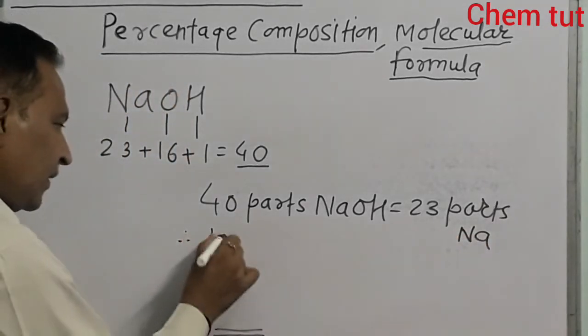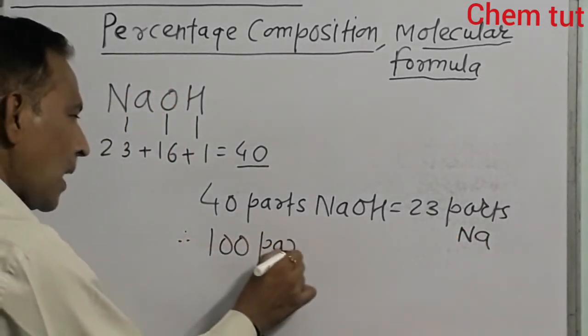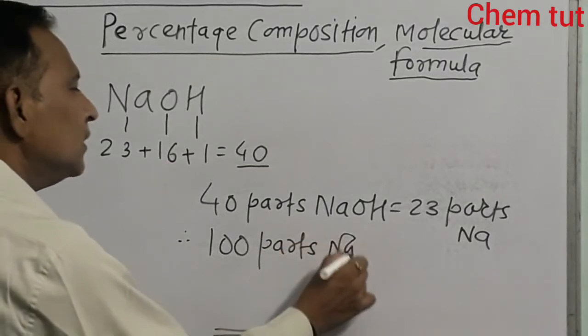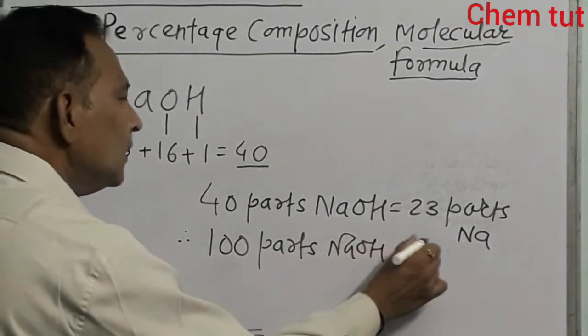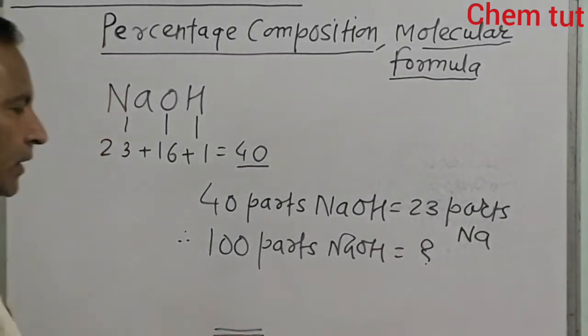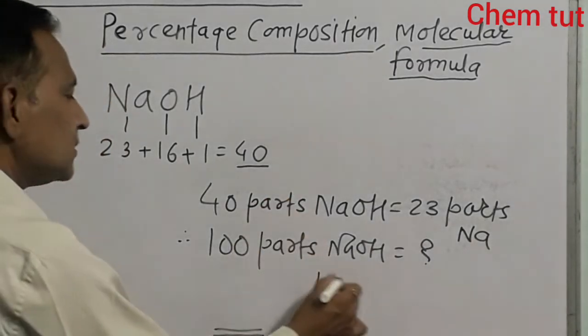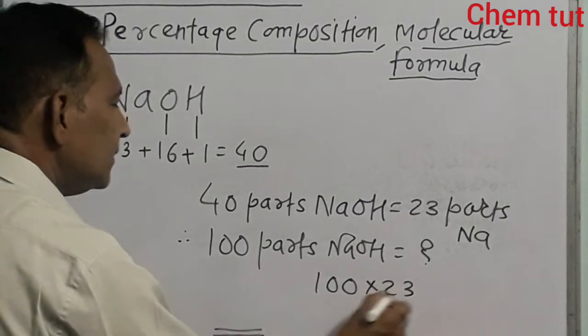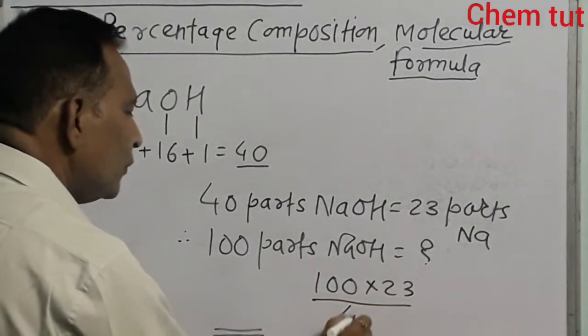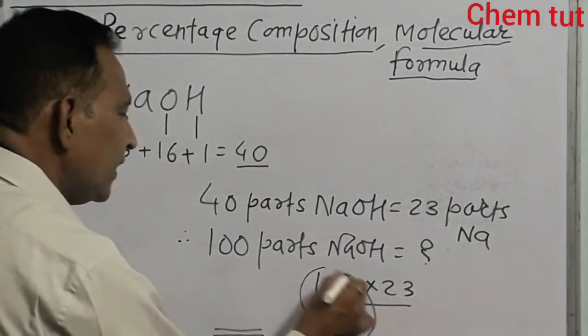Therefore, if we take 100 parts of NaOH, what will be the contribution of sodium? Just by cross multiplication, 100 multiplied by 23 divided by 40. This factor, 100 by 40, is 2.5.